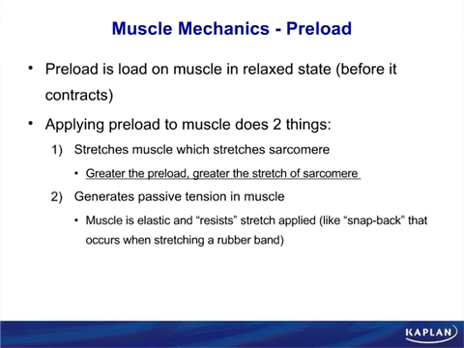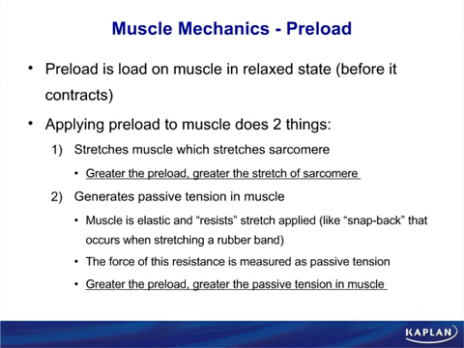Here's the way to think about it. Think about skeletal muscle like a rubber band. It has elasticity. It wants to snap back. It resists stretch. So as I start putting more and more of a load on a muscle in a relaxed state, in other words, I just start pulling a rubber band, you can feel the tension on the finger holding the rubber band.